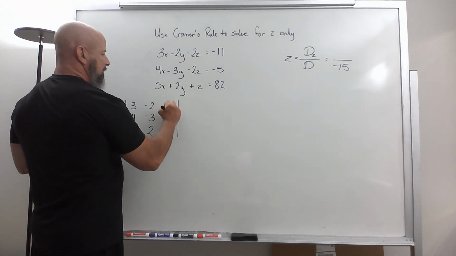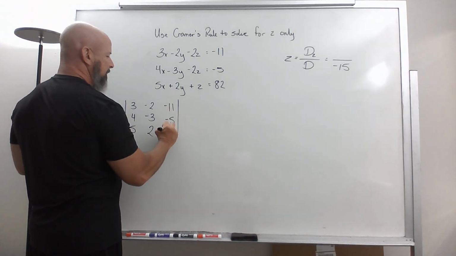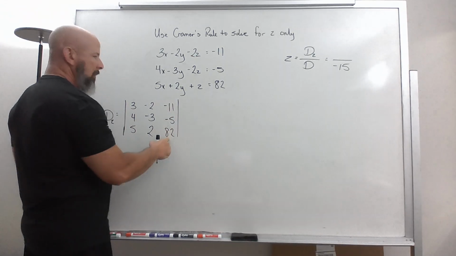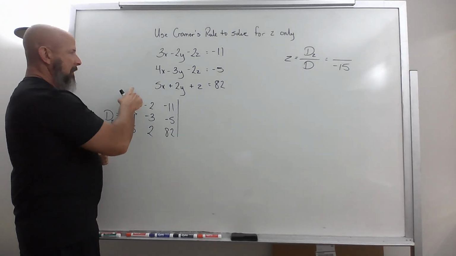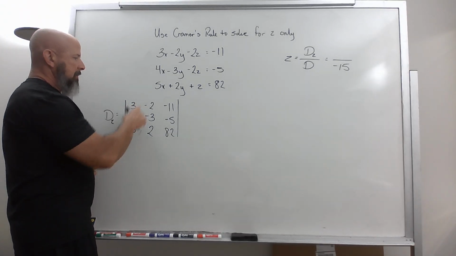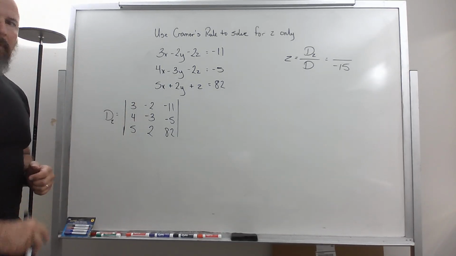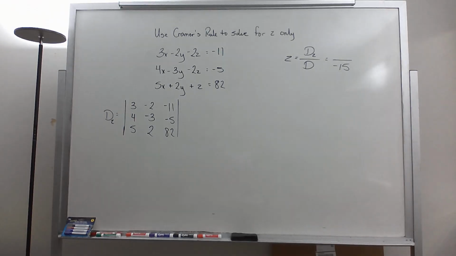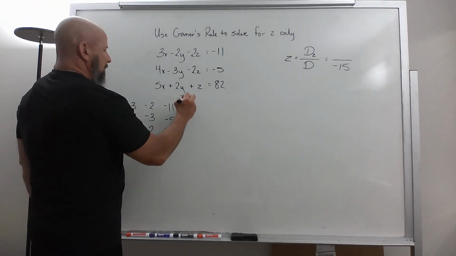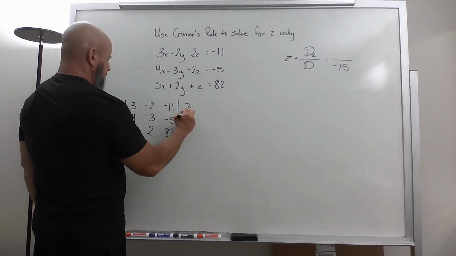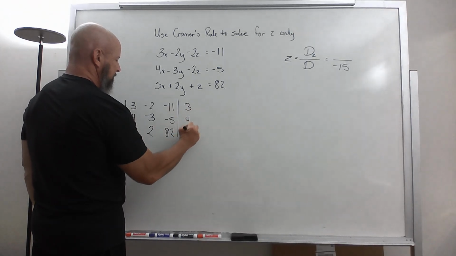So negative 11, negative 5, 82, all in the Z column. X column's the same original, Y column's the same original. And then we're ready to evaluate. So again, I rewrite the first two columns.